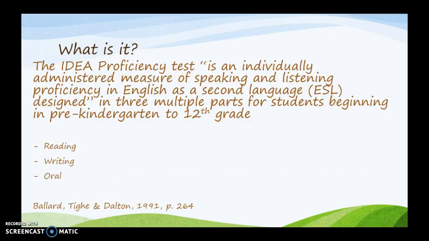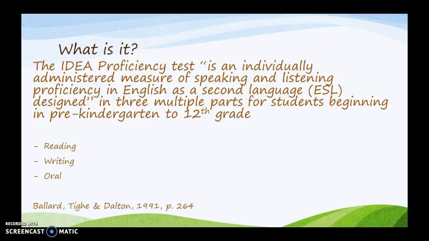So what is it? The IDEA is a proficiency test used as an individually administered measure of speaking and listening proficiency in English as a second language, designed in 3 parts for students from pre-kindergarten to 12th grade.